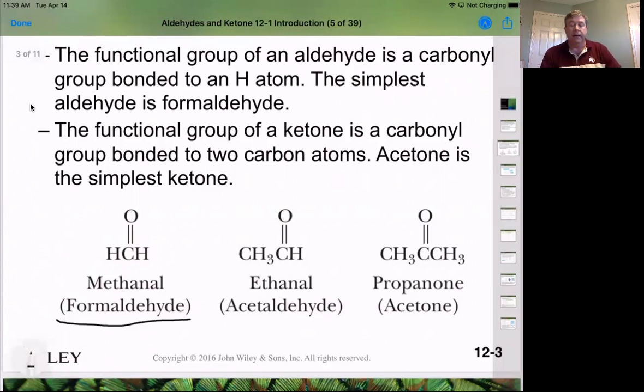If we have one carbon bonded to the carbonyl and a hydrogen on it, it is still an aldehyde, because there's still a hydrogen bonded to the carbonyl. However, if we have two carbons bonded to the carbonyl, it is now a ketone. So the distinguishing factor is that an aldehyde has at least one hydrogen bonded to the carbonyl, and ketones have two carbons bonded to it.